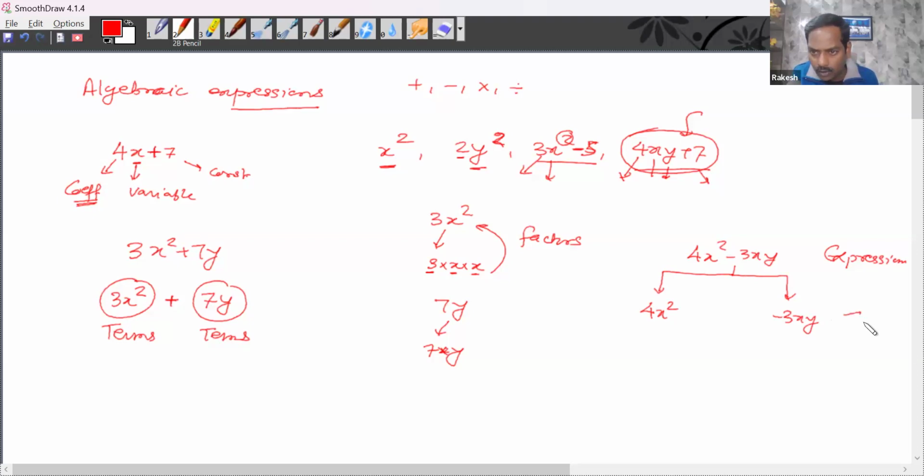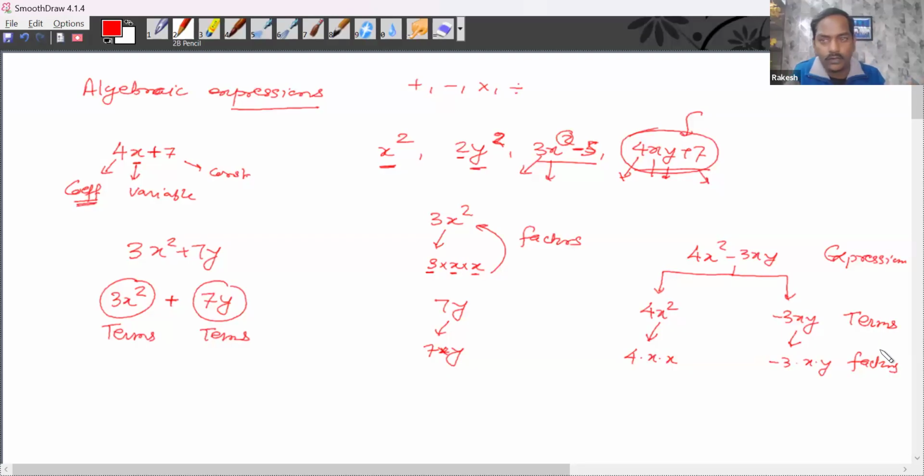Each of these is called a term. Further, each term has factors. For example, this term has factors 4, x and x. This term has factors minus 3, x and y. So they are called factors. So I've just drawn a tree to explain how expressions are formed, right? Fair enough. So this is sufficient to understand what an algebraic expression is.